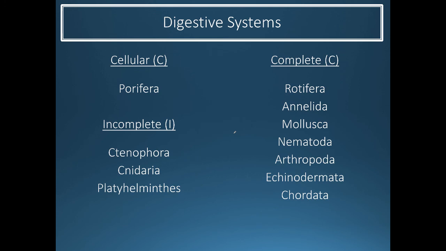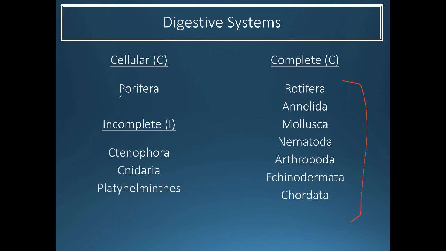Again, let's just list the different animals that use incomplete or complete digestive systems. Incomplete digestive systems are the ctenophores, the cnidarians, and the platyhelminths. Complete digestive systems are used by rotifera, annelida, mollusca, nematoda, arthropoda, echinodermata, and chordata.